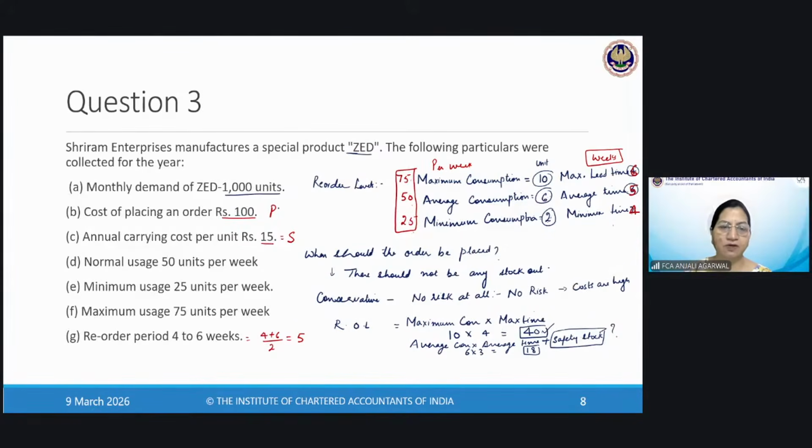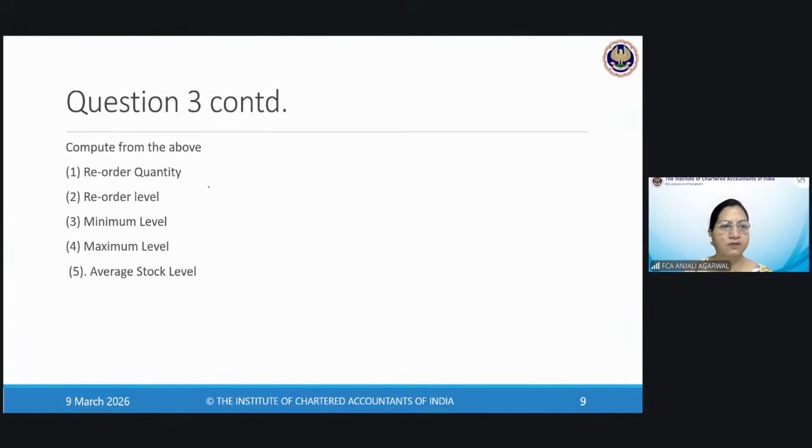Cost of placing an order is 100. Cost of storing 1 unit is 15. So first you have to calculate the reorder quantity, that is EOQ.